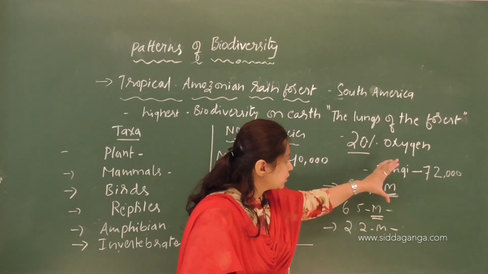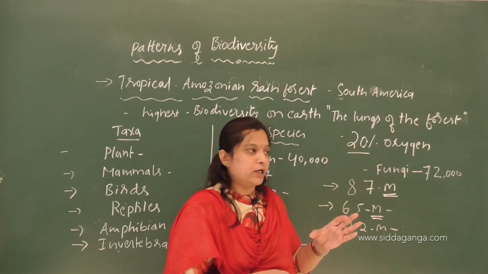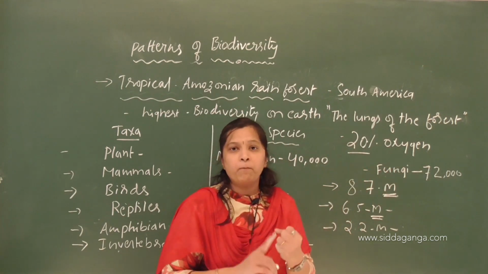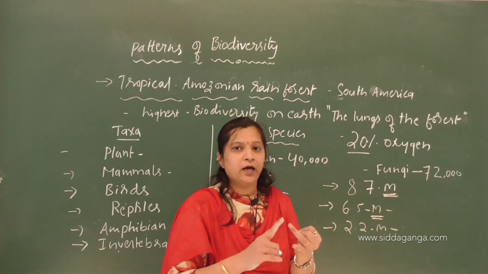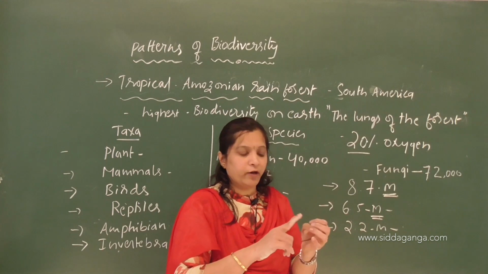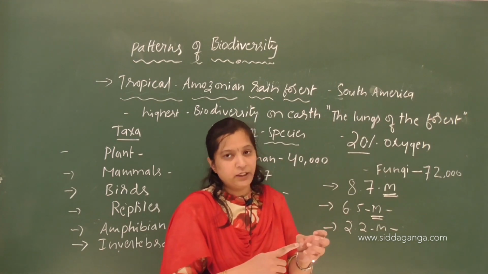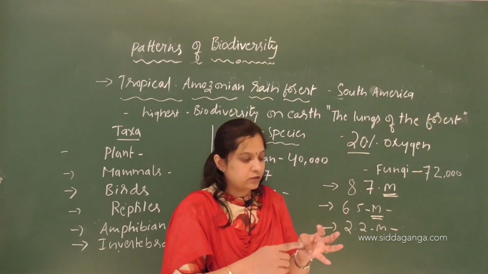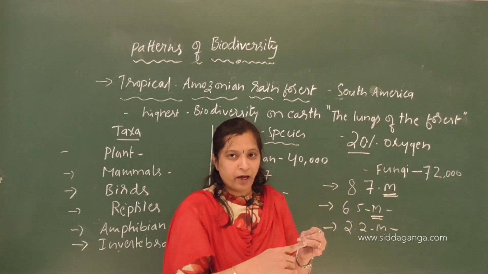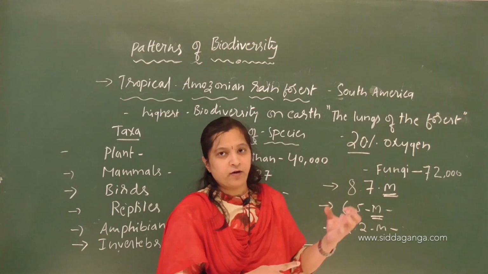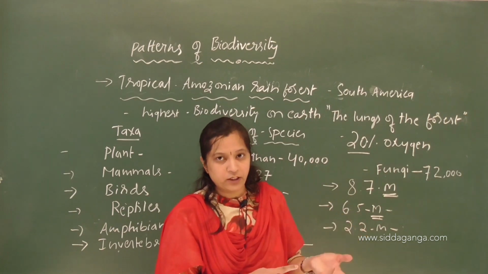These 72,000 species of fungi are more than the combined diversity of fishes, amphibians, reptiles and mammals. When we add the total number of amphibians, reptiles, fishes and mammals, it roughly comes to around 45 to 46,000.